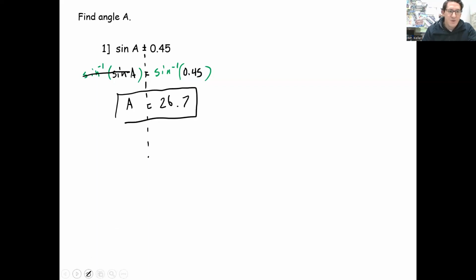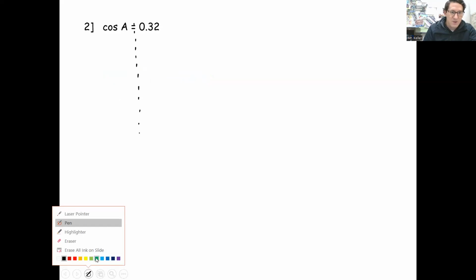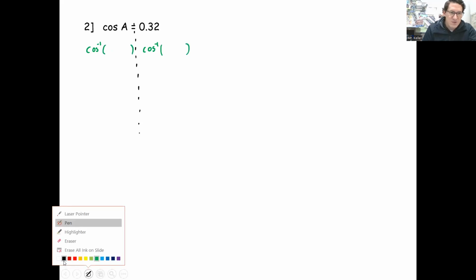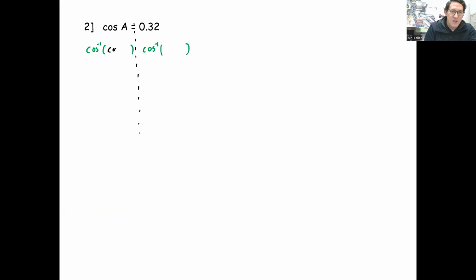All right, let's do one more with those. We'll do cosine here. The only thing you really need to do to solve this is take the inverse cosine of both sides. So it's going to be the inverse cosine of cosine A, and the inverse cosine of 0.32.